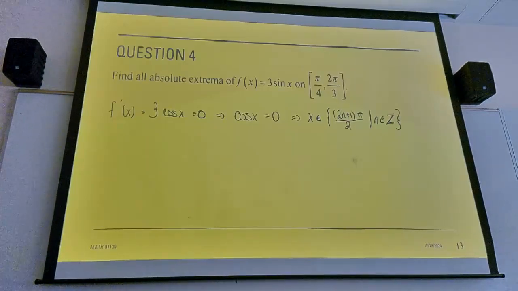But remember, we're looking at a restricted interval. So look at all of those infinite number of zeros. Which of those points lie within our interval? Just pi over 2. And so in this interval, we have a single critical number, and that's pi over 2.